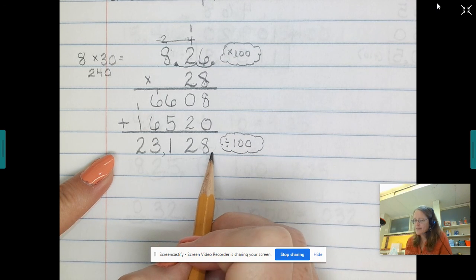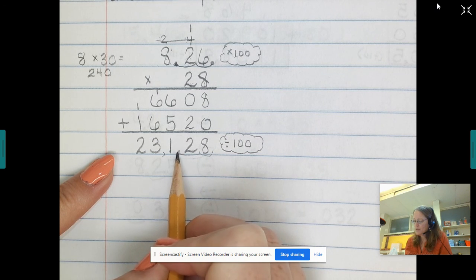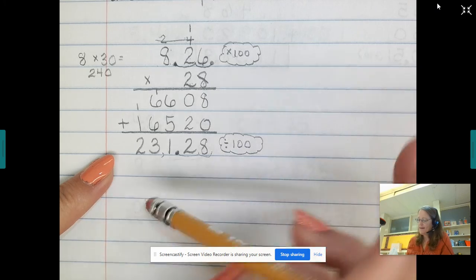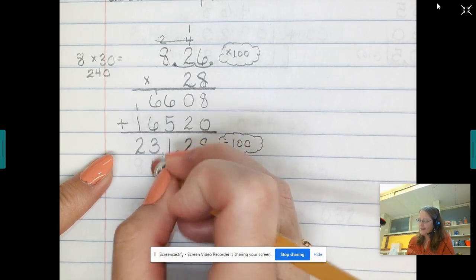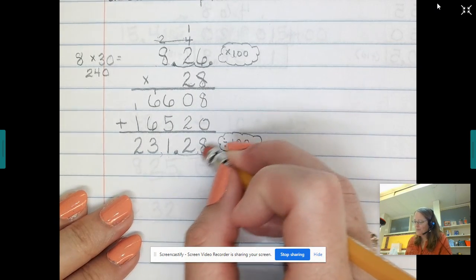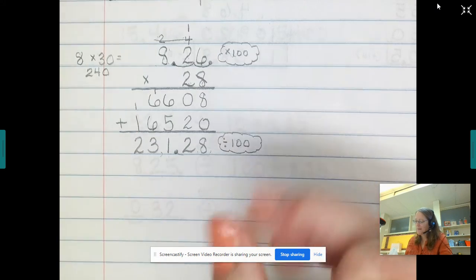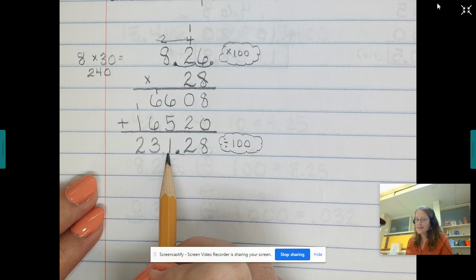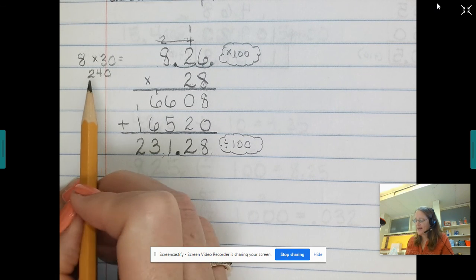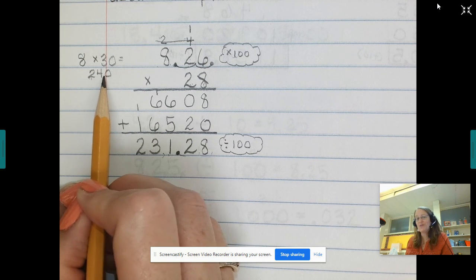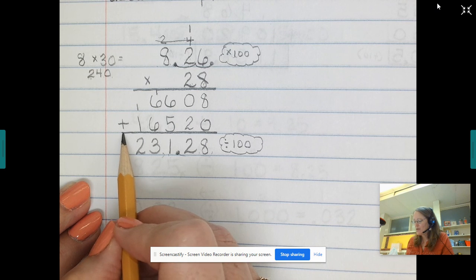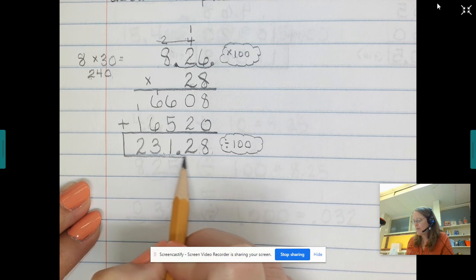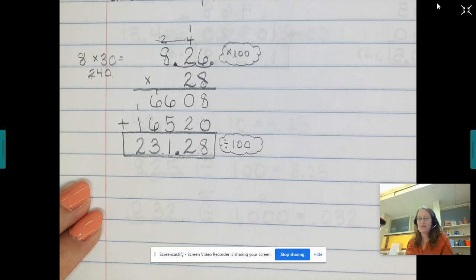That will move this decimal 2 times to the left. So now 231 is my whole number, and that is very close to 240. So I know that my answer is reasonable.